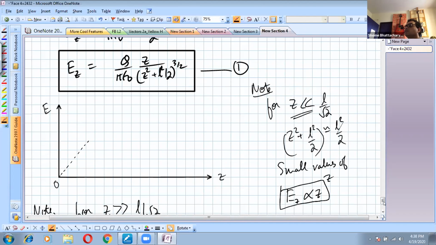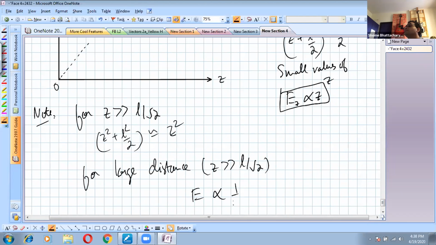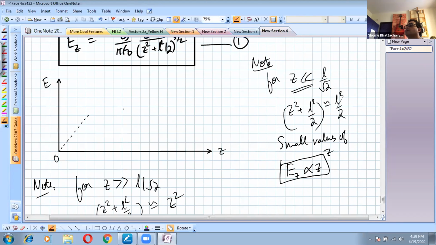So z upon z cube, so it is basically Q by z square. So basically for large distance, z being very large compared to L by root 2, your field will become directly proportional to 1 by z square. It basically behaves like a point particle. So it should have this kind of a behavior.